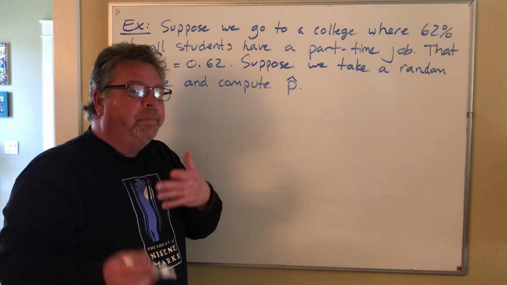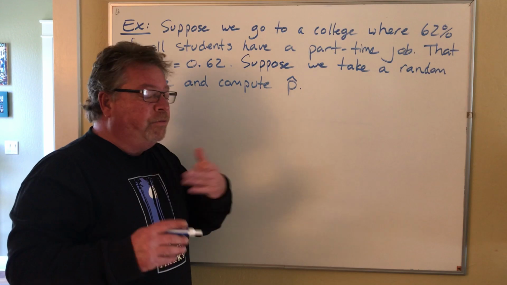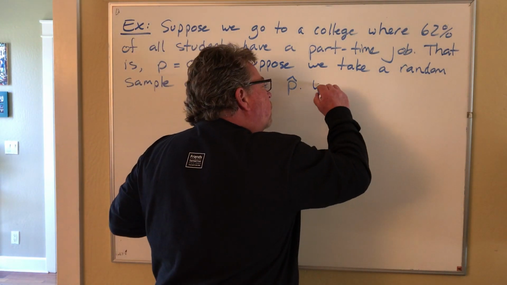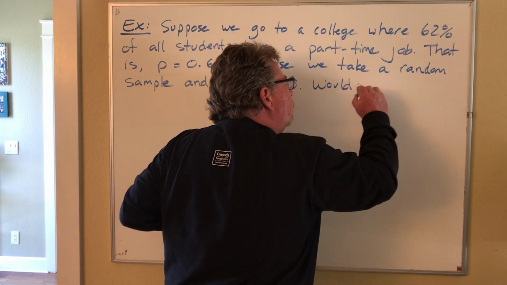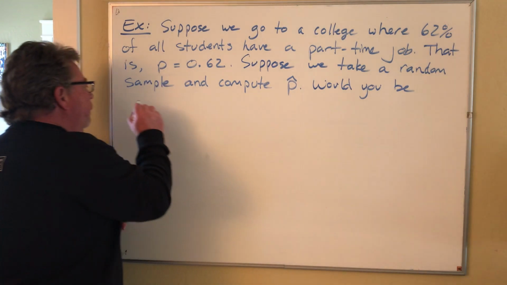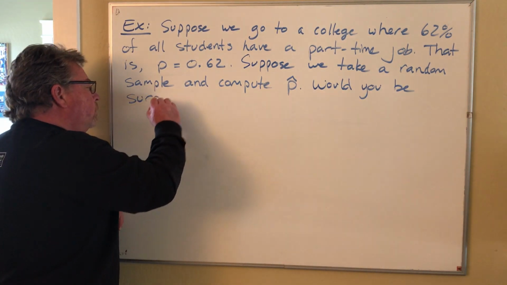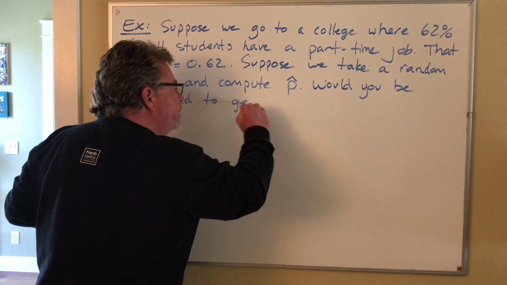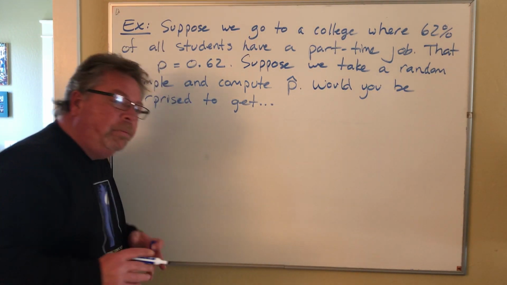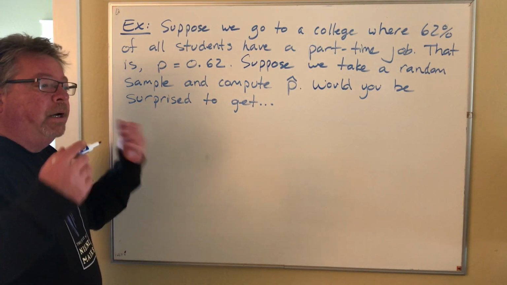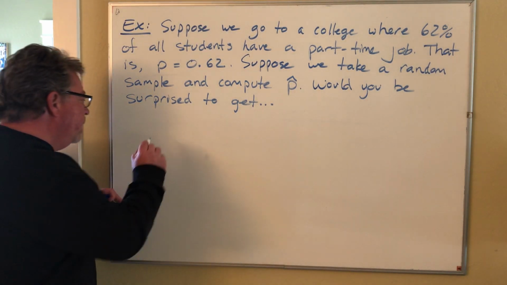And then here's where the probability question is going to come in. It's very much like the question that I asked in the last lectures: would you be surprised to get, and I'm going to put up some possible values of p-hat, and we're going to talk about whether you'd be surprised to get these.